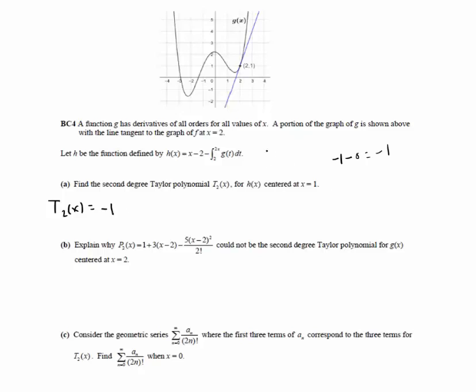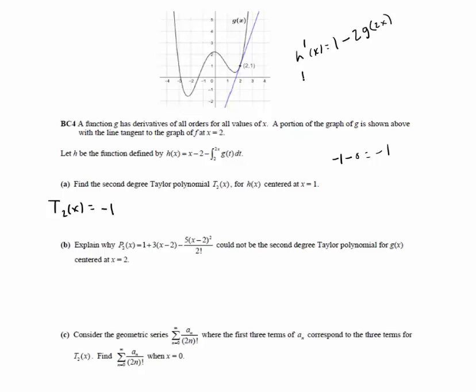And then I need the second derivative. So I need h prime, which I'll go ahead and do up here, at x. So the derivative of x is 1, derivative of negative 2 is 0, and then the derivative of the integral is just this function g. When I replace the dummy variable t with 2x in this case, chain rule applies, so I got to times that by 2. Okay.